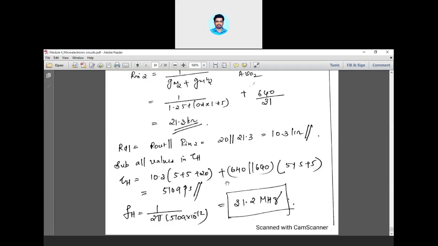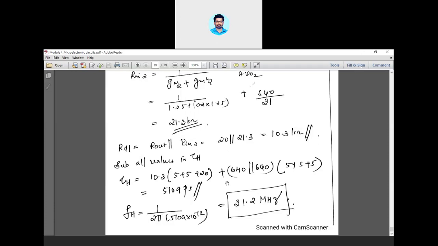That is a speciality of a cascode amplifier, provided you set RC equal to 0 and the load resistance RL is the same as the output resistance. R out is nothing but A0 into R0. R0 is the output resistance of the CS stage.